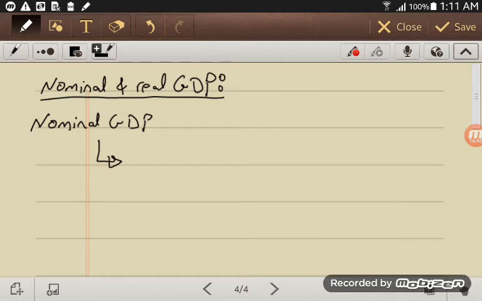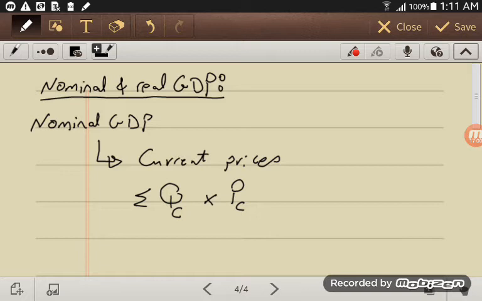So it's calculated using current prices. So it's going to be calculated as summation quantity current multiplied by price current. This is nominal GDP.